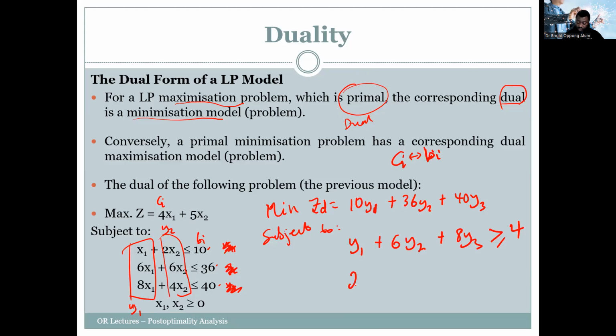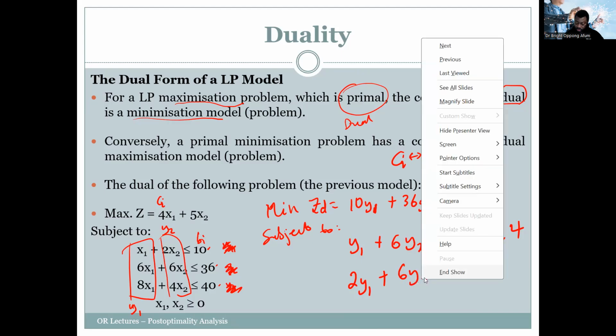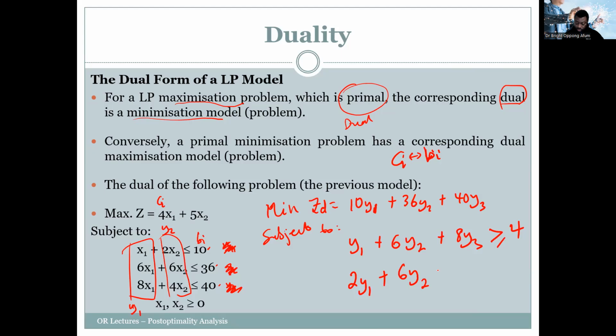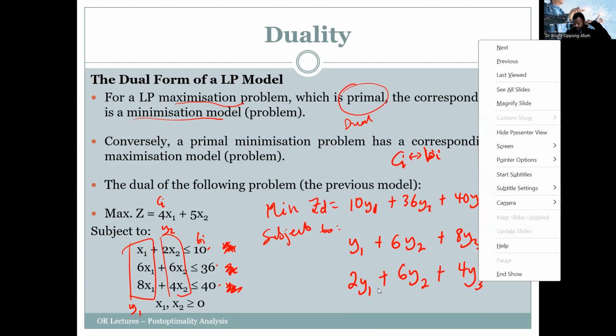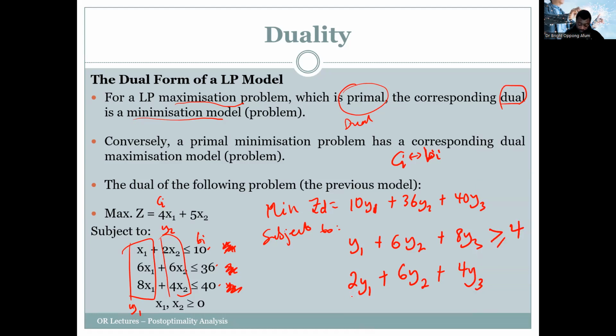Then the second constraint will be 2y1 plus 6y2 plus 4y3, right?